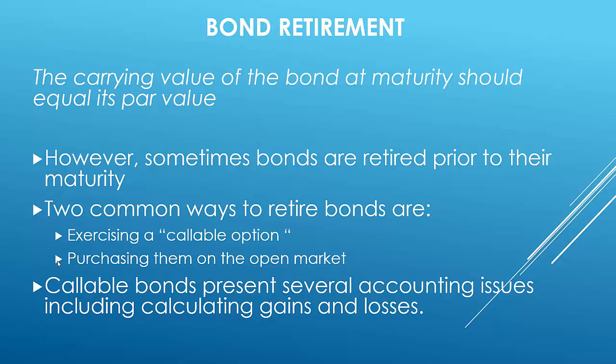And now that we've issued the bond, there are some ways that we can actually retire those bonds. As you remember, one of the ways is to call that bond. We could have a callable option, and that means that the company just purchases those bonds back, pays everybody back, everybody goes home happy. That's another way. And you can also purchase them on the open market.